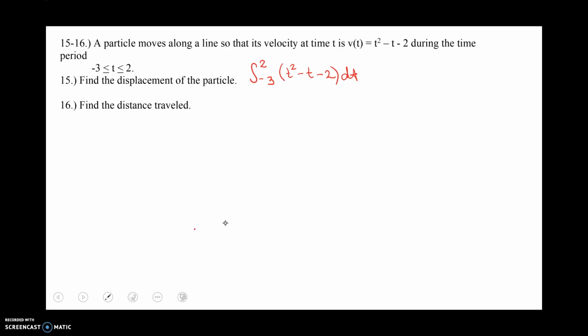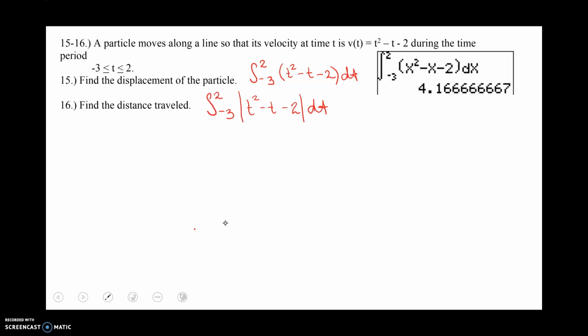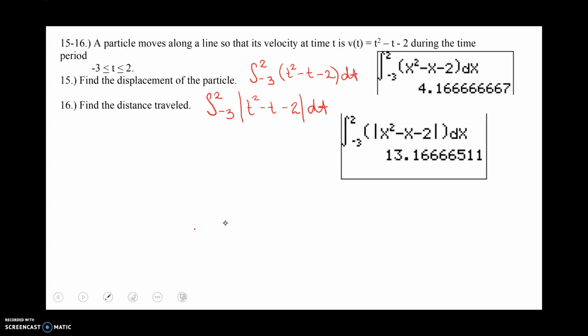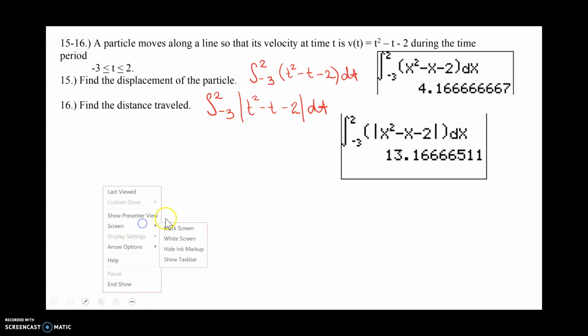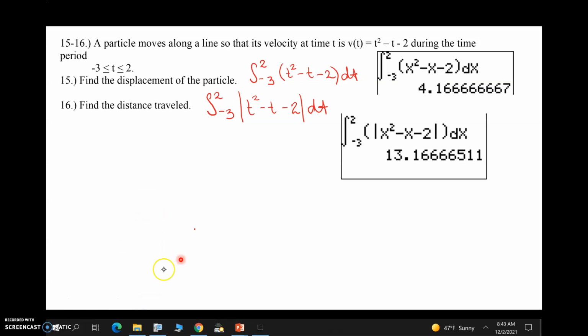Displacement is just the normal integration. Distance is the absolute value and then the integration. Now, both of those I can do on my calculator because this is the calculator page. So let me remind you of how we do that on our calculator. So grab your graphing calculator if you would please, and I will go grab mine.